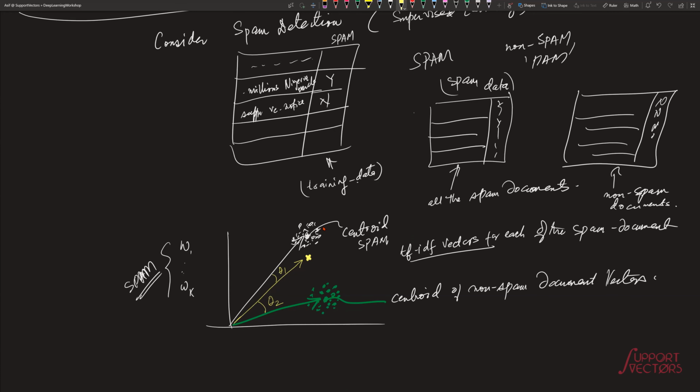Yes. Very easy. Just do a dot product between the vectors. Suppose you have a query vector, the document you're looking at, and all you need to do is a dot product with the document vector for the spam centroid.